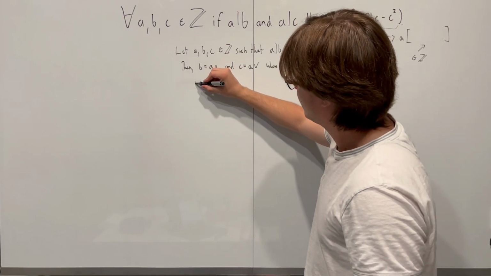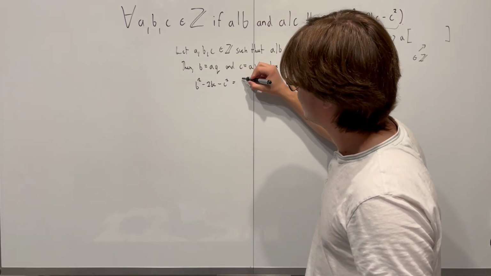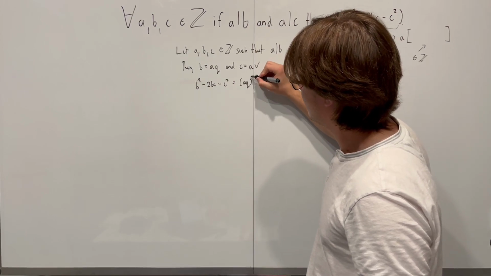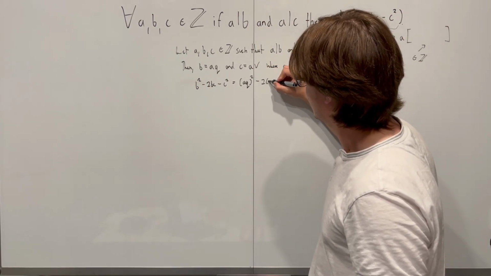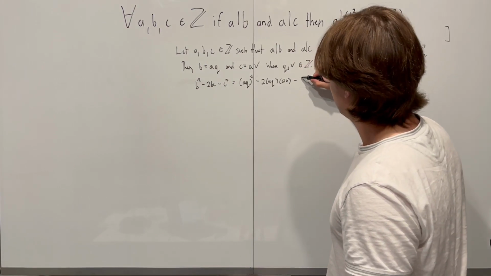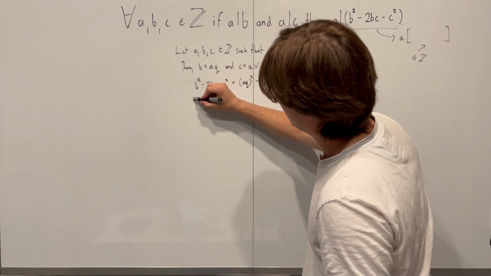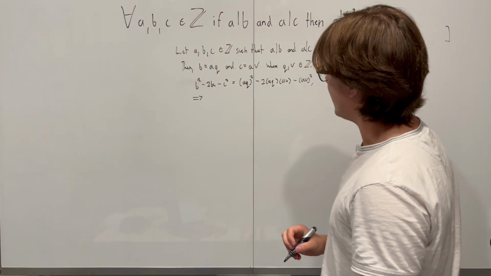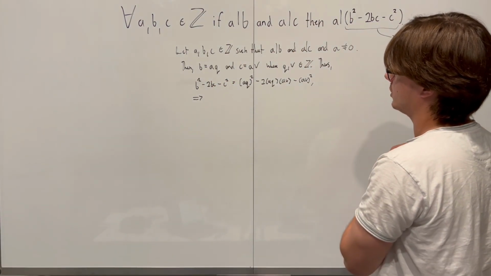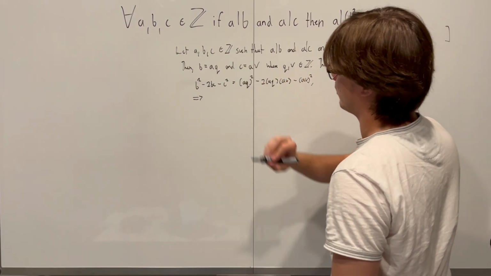Thus, b squared minus 2bc minus c squared is the same as saying aq squared minus 2 times aq times av minus av squared, which is going to be the same as, well, actually, I don't need to do a whole lot more. You should immediately be able to see you can factor a out of all of these.